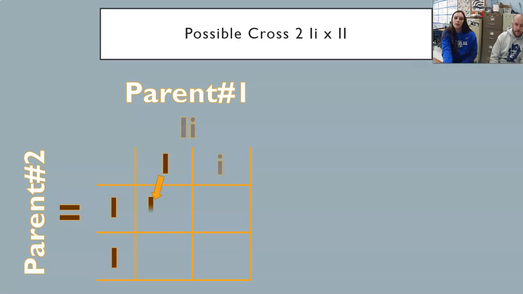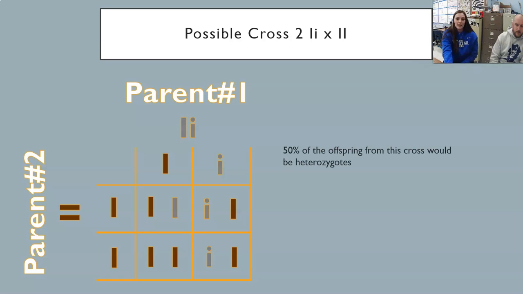So if we drop in our alleles here, we're going to show first one being homozygous dominant, right? And then because that parent number 2 is only going to be able to give that dominant allele, we can see we have half being heterozygous and half being homozygous dominant.